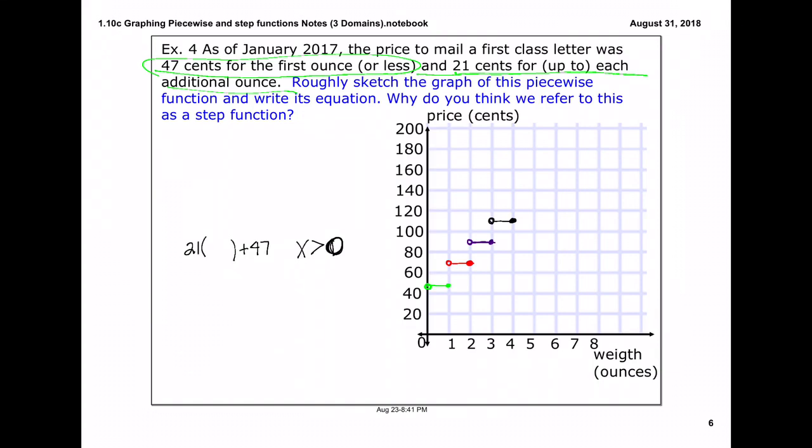But we don't want to pay that additional 21 cents for our first ounce because it's included. So we want to write x minus 1 inside our parentheses. So when you plug these values back in, we only pay our 47 cents for our first ounce, and every ounce after that we only pay an additional 21 cents, which is why you need to be careful not to flip-flop your locations of your 21 and your 47.